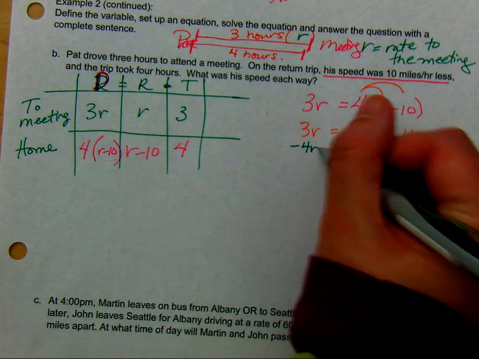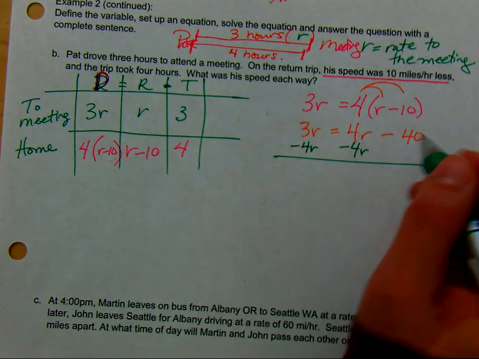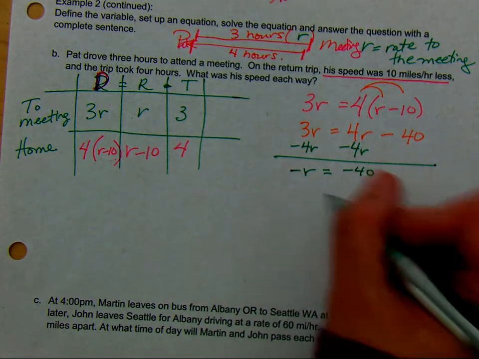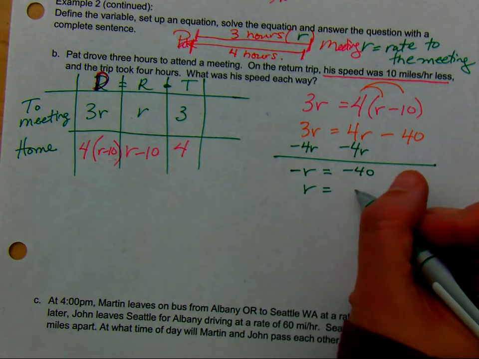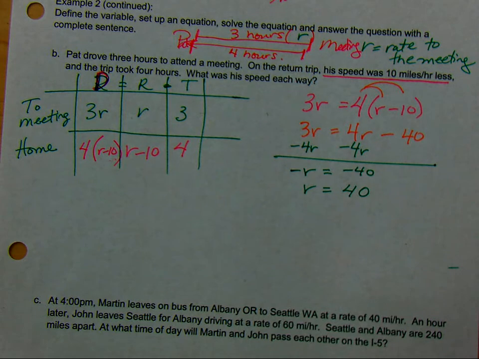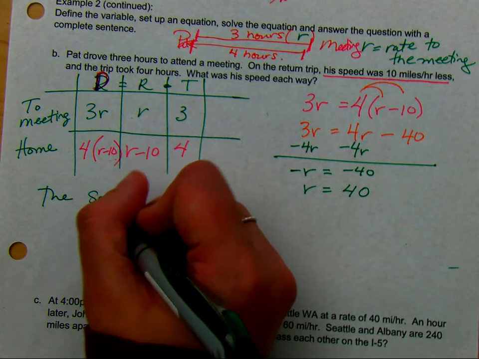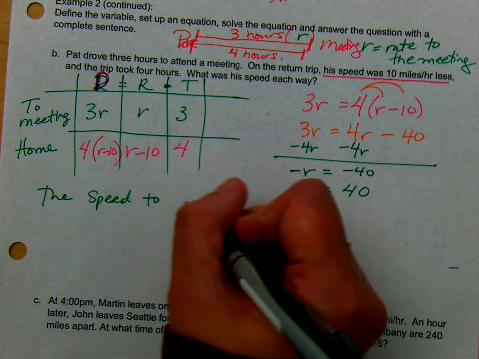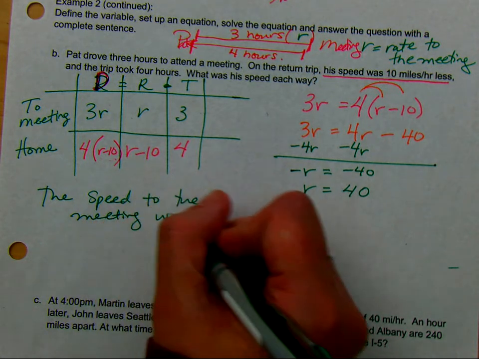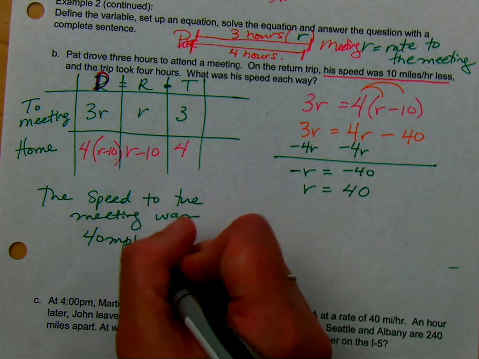Subtract 4R, because we want to get the 4R away from the negative 40. So we have negative R equals negative 40. So what does positive R equal? 40, right? So the speed to the meeting was 40 miles per hour.